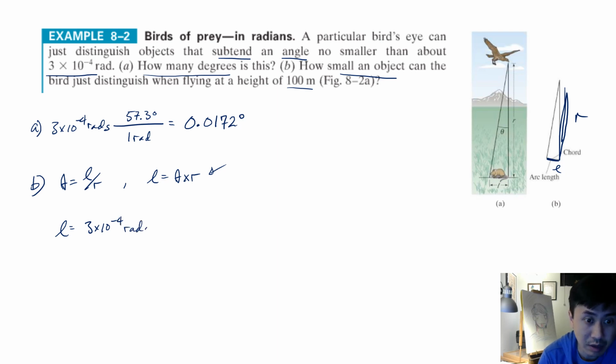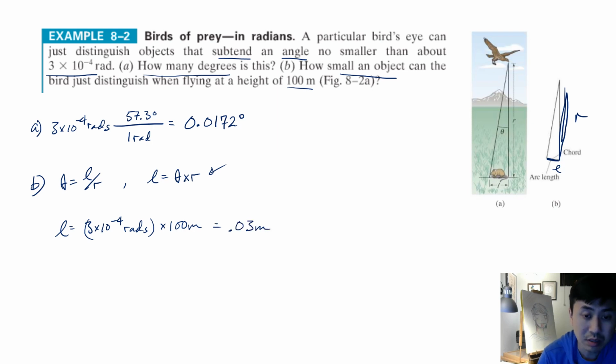Let's keep it in rads for a convenient unit, times our radius, which is 100 meters. Multiply that across, and I got 0.03 meters.